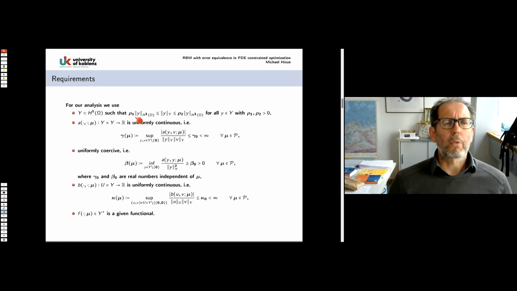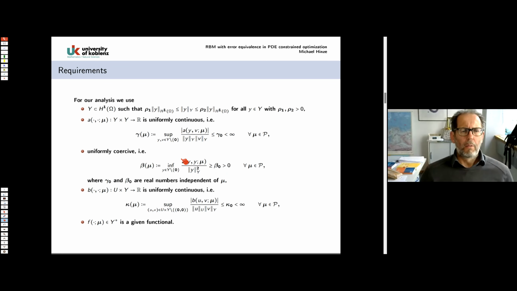Good. So now we come to the requirements. We want to work, of course, with reduced basis methods. A parameter is involved, and in this context we require some aspects of the forms involved. We want to have that the form A, the bilinear form, is uniformly continuous with respect to mu. We want it to be uniformly coercive with respect to mu, call these uniform parameters gamma naught and beta naught.